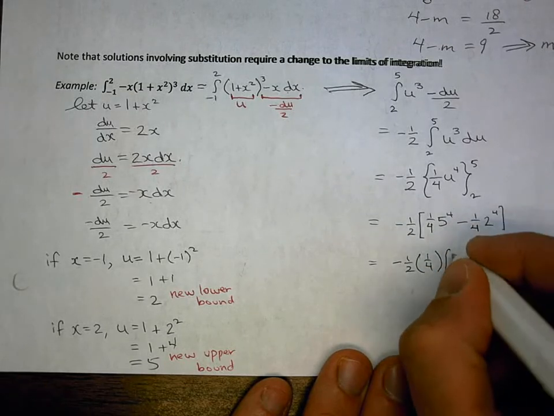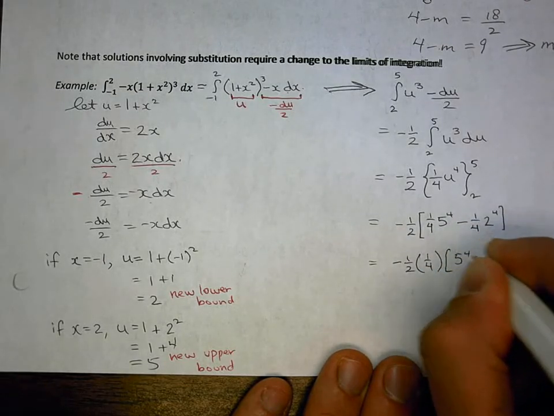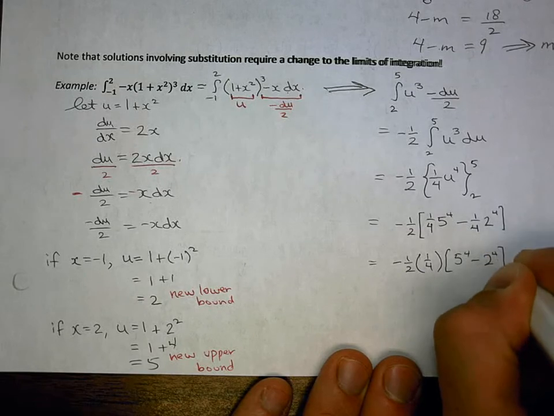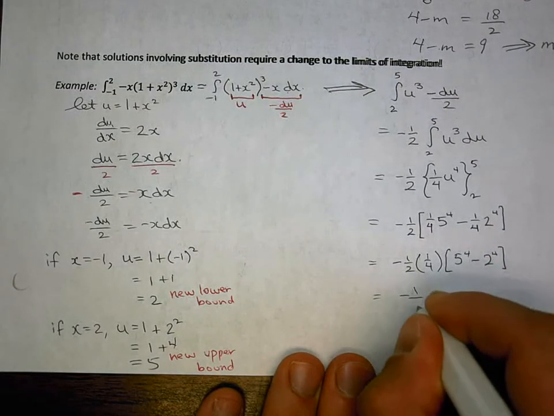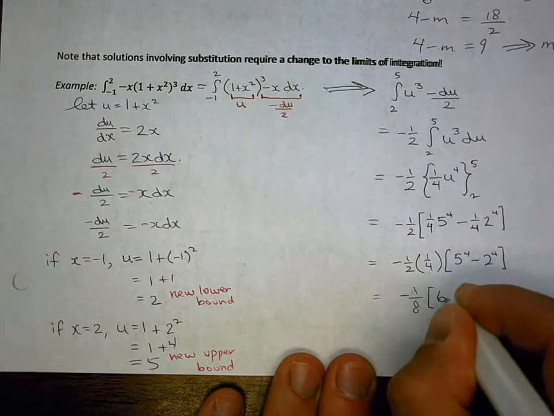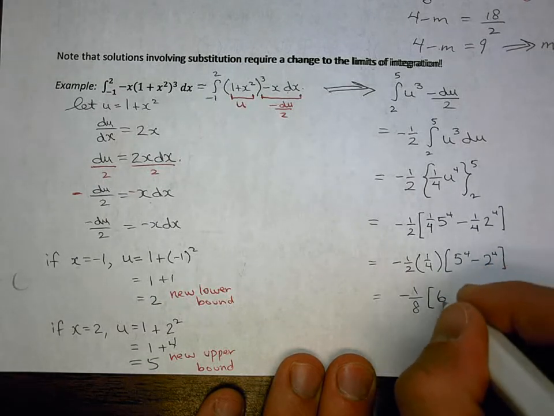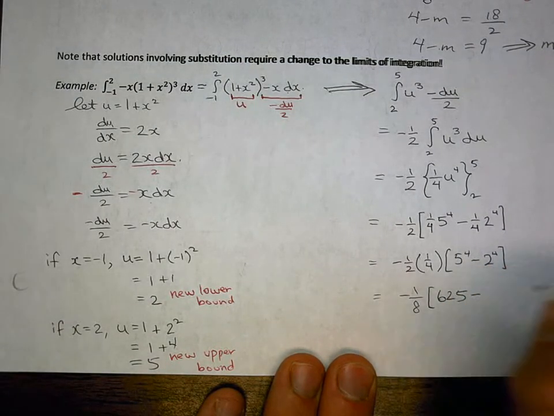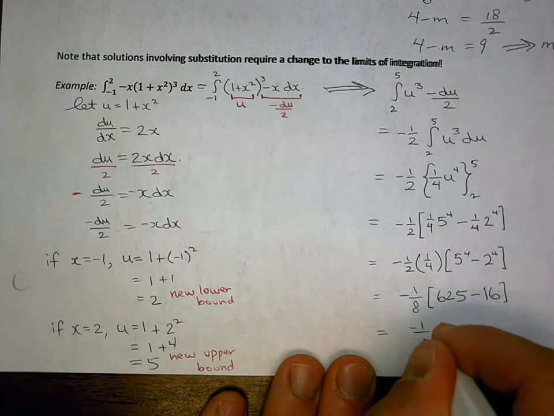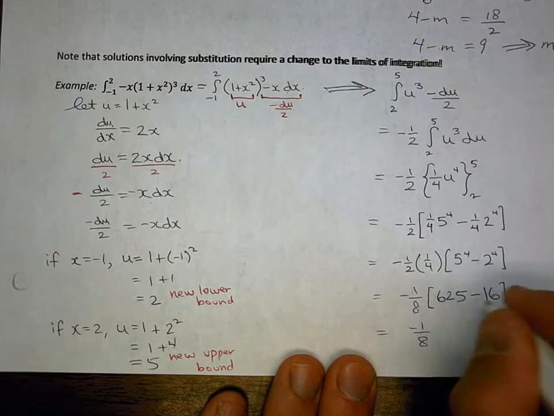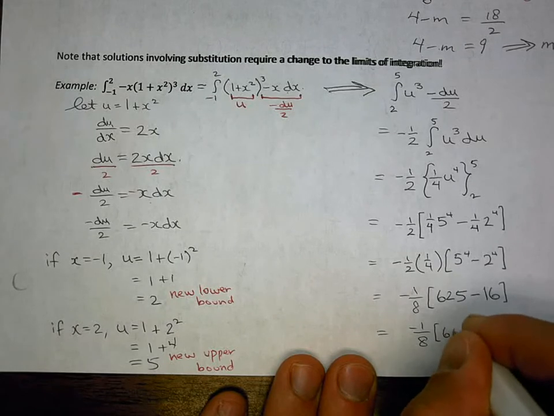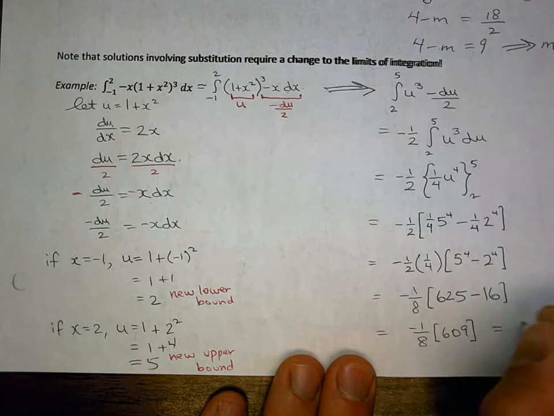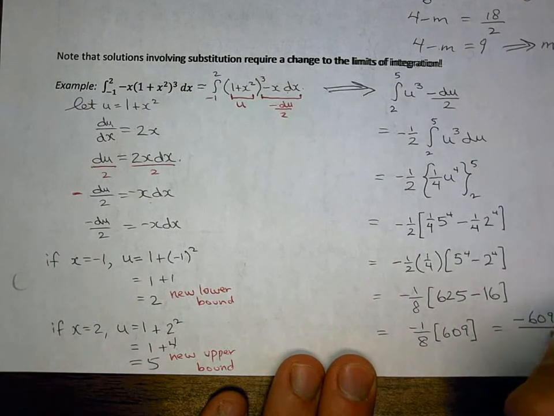Now I have 5 to the 4 minus 2 to the 4. So I get negative 1 over 8 times 625 minus 16, since 5 times 5 is 25, 125, 625, and 2 to the 4 is 16. So I end up with negative 1 over 8 times 609. So my final answer is negative 609 over 8.